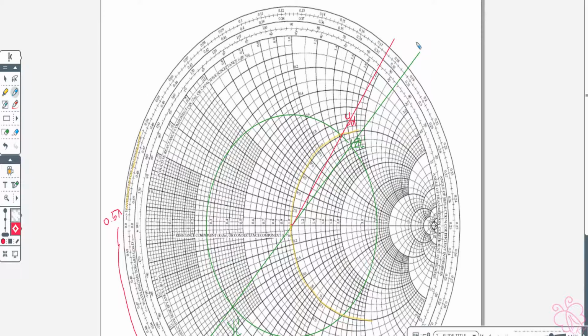I will take it as 0.174 lambda. So the red point is the length of your D.